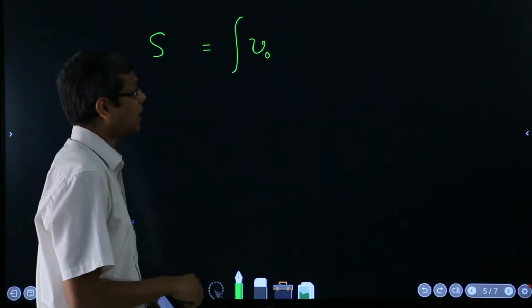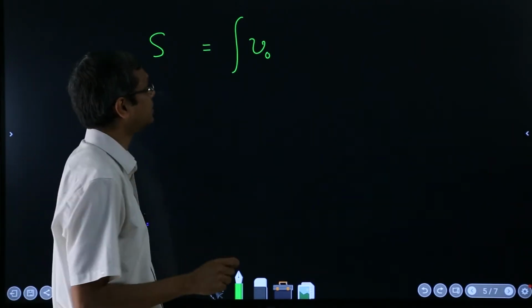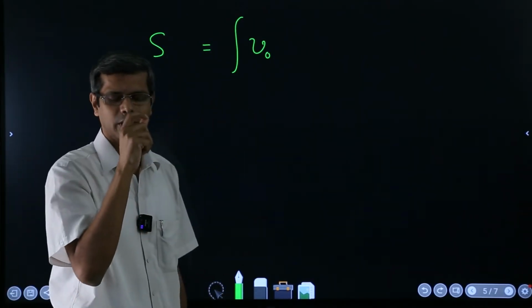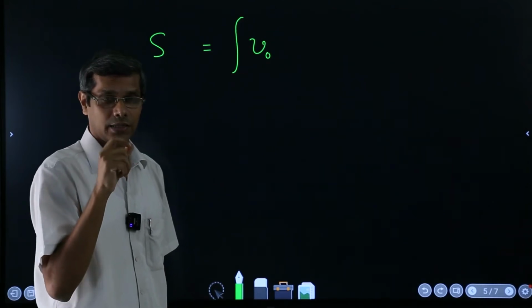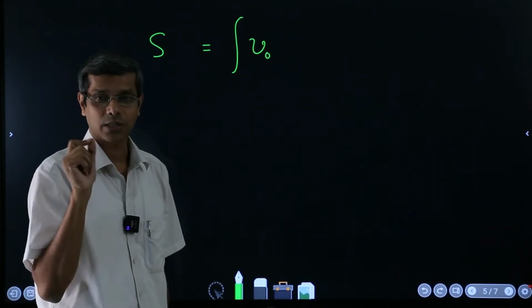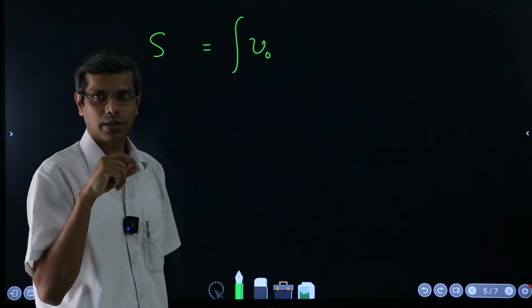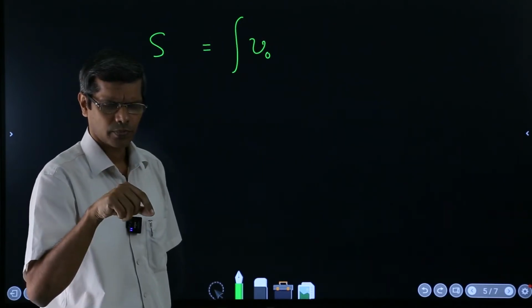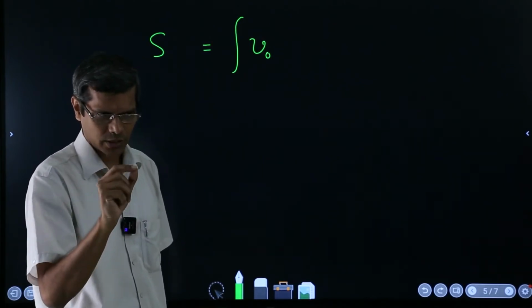And again I emphasize this, try to visualize what V naught x is. It is the velocity at every location that you have imparted. You go to an x, that's the velocity at that location.